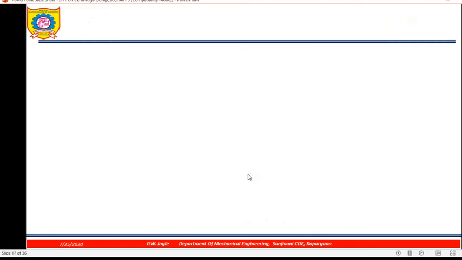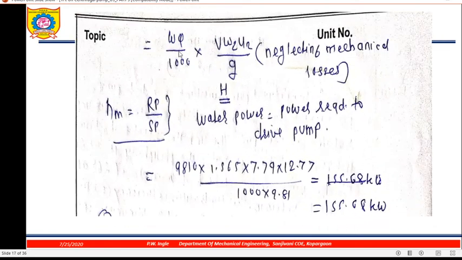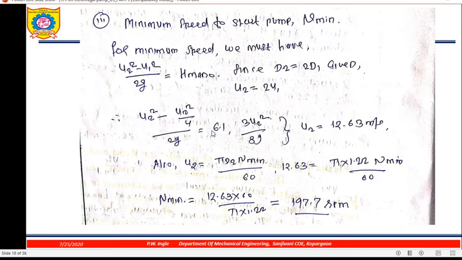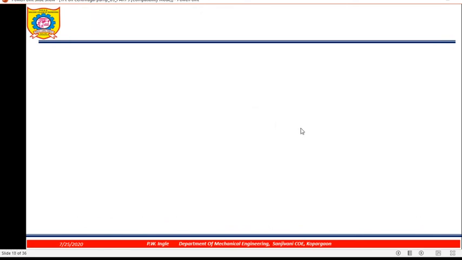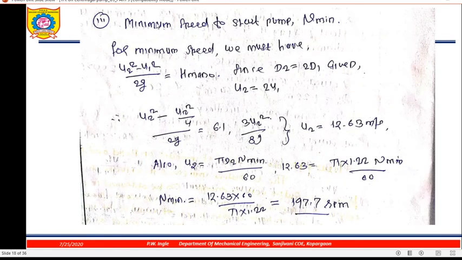Then power required to drive the pump: you can use W Q VW2 U2 by g. That is shaft power you have to calculate. By using the mechanical efficiency equation, you can calculate the shaft power, that is, the power required to drive the pump. Now, minimum speed to start the pump you have to calculate.